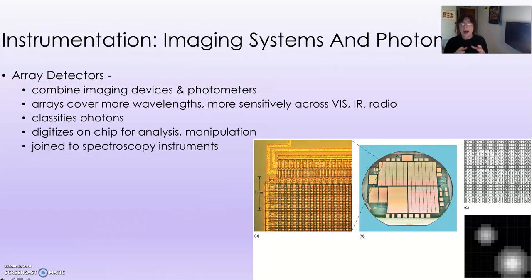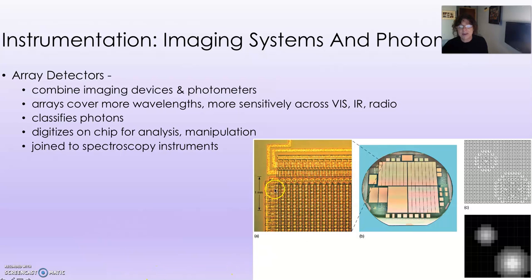So they are combined with photometers, which are highly sensitive, essentially light meters embedded digitally along with that. Combining the two together, they're put into what are called array detectors.